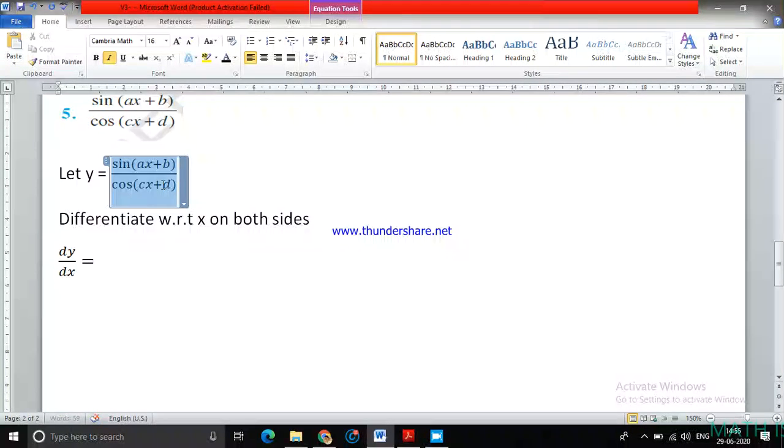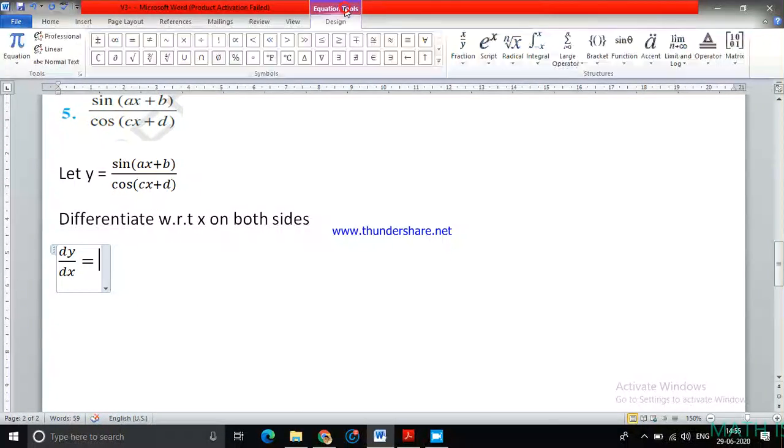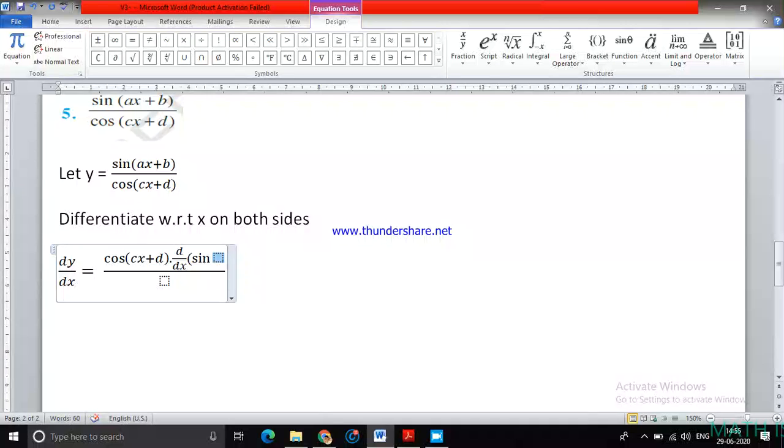Now on the RHS, you have the u by v formula. According to the formula, the derivative of the u by v function is v, cos(cx plus d), into the derivative of u, that is d by dx of sin(ax plus b), minus u, sin(ax plus b), into the derivative of v.